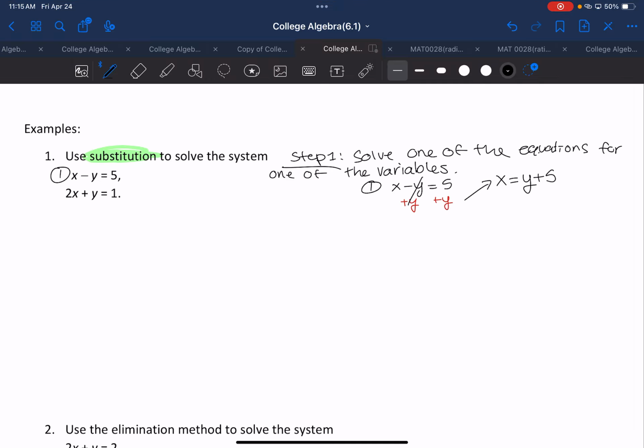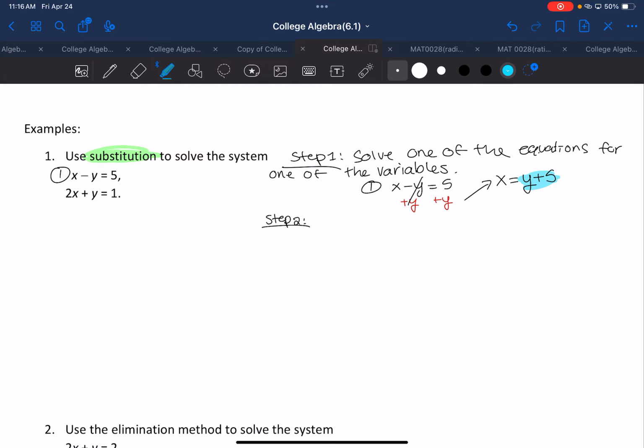Step 2 is to take what you just found that x is equal to, so all of this. We just found that x is equal to y plus 5 for the first equation. Remember, our goal is to find where these two lines are equal. So if x is supposed to equal y plus 5 in the first equation, then if I want to find where they're equal, it should also equal that for the second equation.